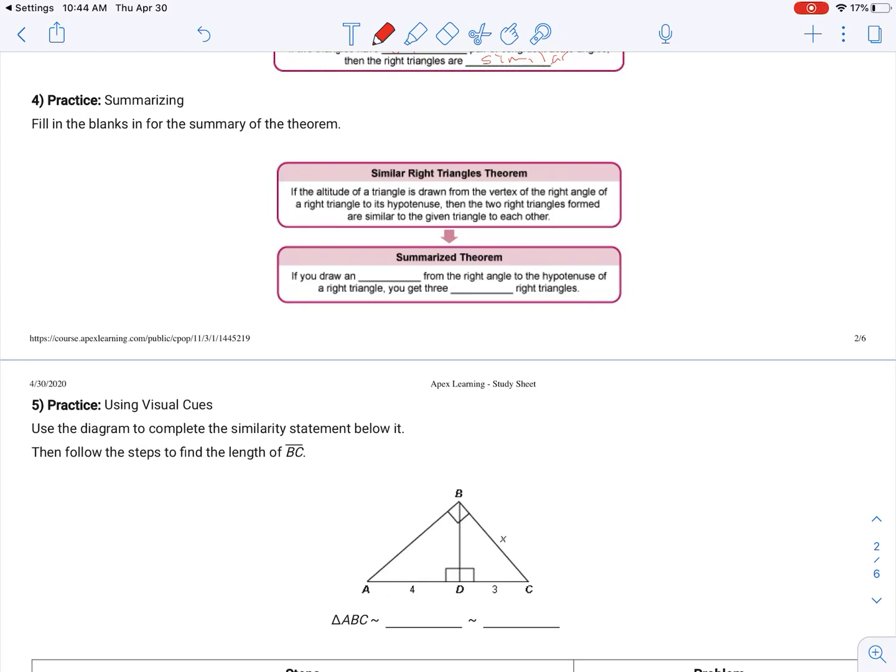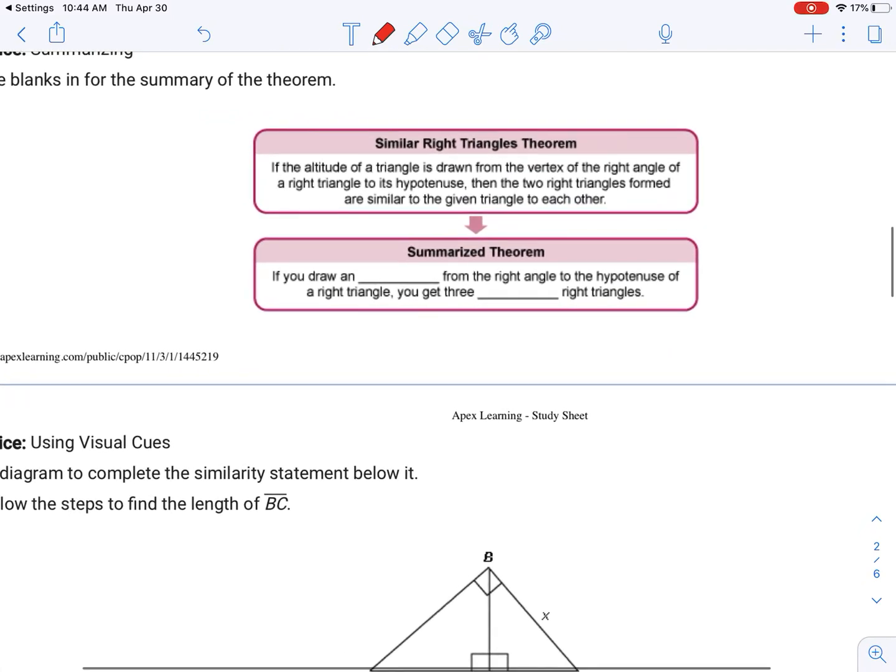4, fill in the blanks in the summary below. Similar right triangles theorem. If an altitude is drawn from the vertex of a right angle of a right triangle to its hypotenuse, then the two triangles formed are similar to the given triangle and to each other. Summarized theorem.